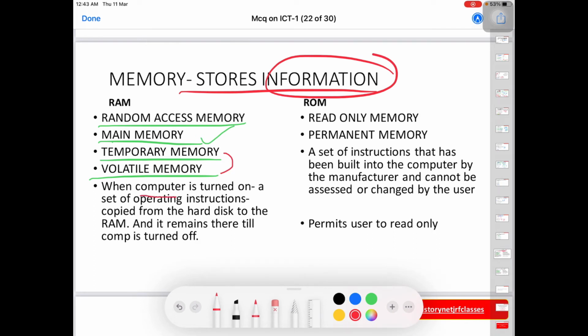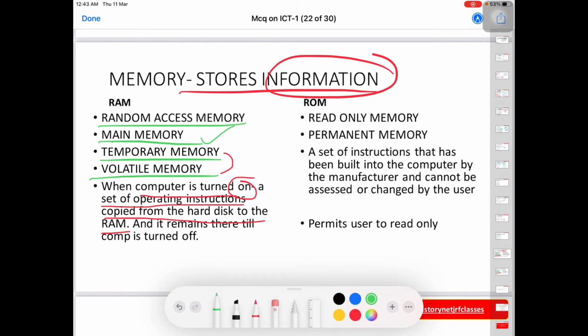When the computer is turned on, a set of operating instructions is copied from the hard disk to the RAM. So whenever you switch on the computer or laptop, a set of operating instructions is copied from the hard disk to the RAM, and it remains there till the computer is off.